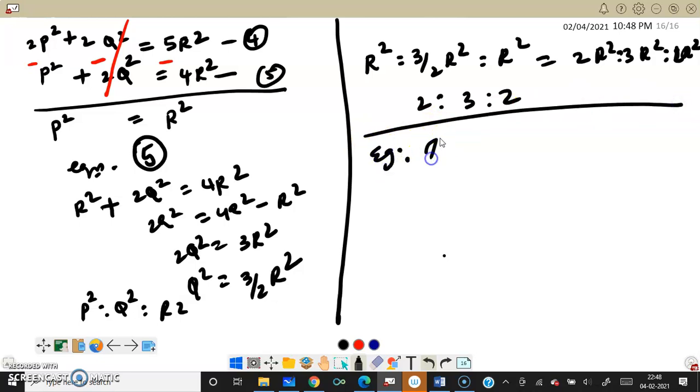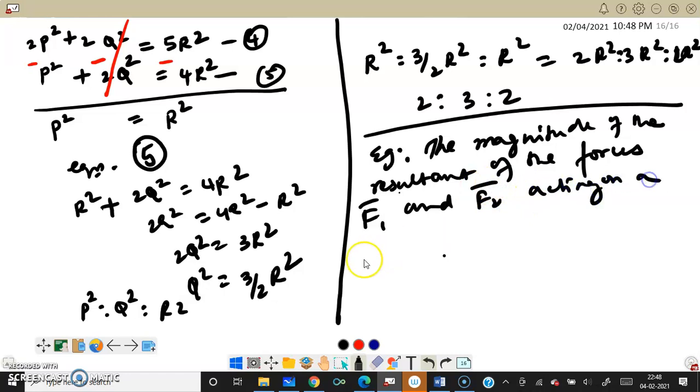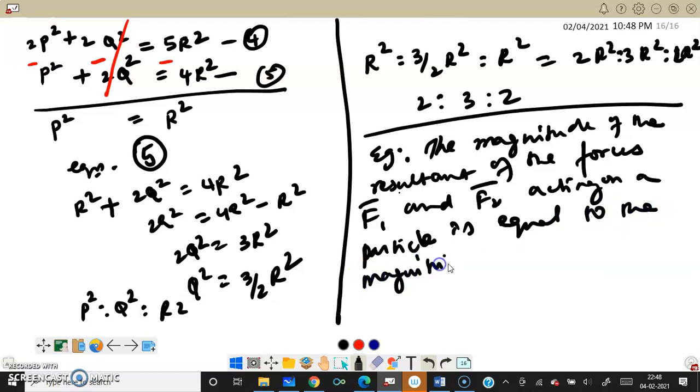Next example: the magnitude of the resultant of the forces F1 and F2 acting on a particle is equal to the magnitude of F1.